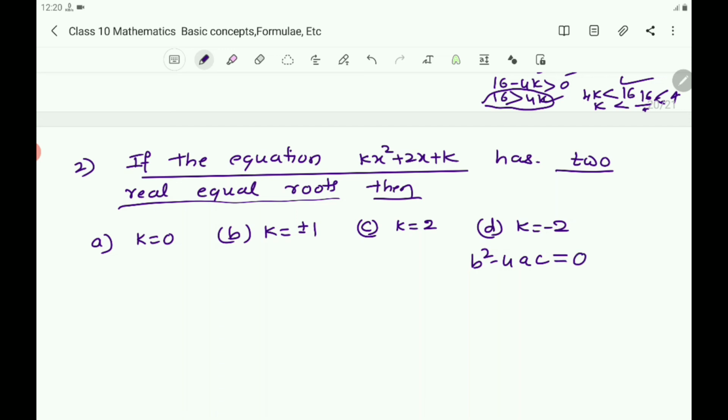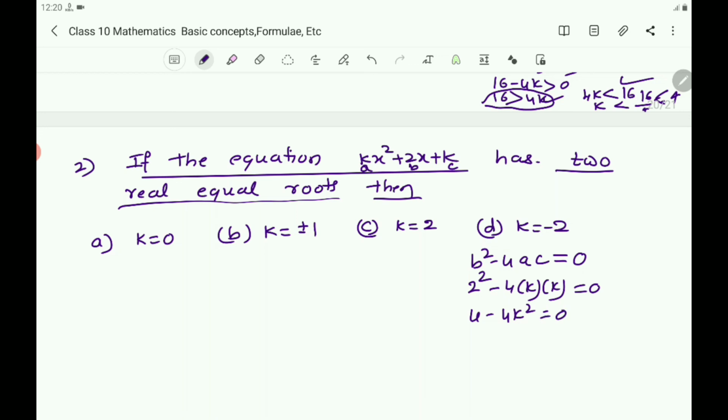So b is 2, a is k and c is also k. So you take 2 square minus 4 into k into k equals 0. Then 4 minus 4k square equals 0.